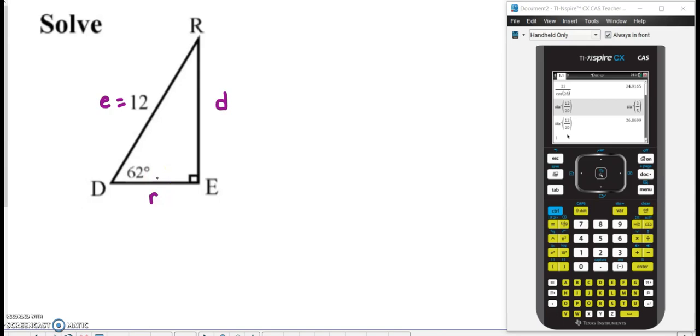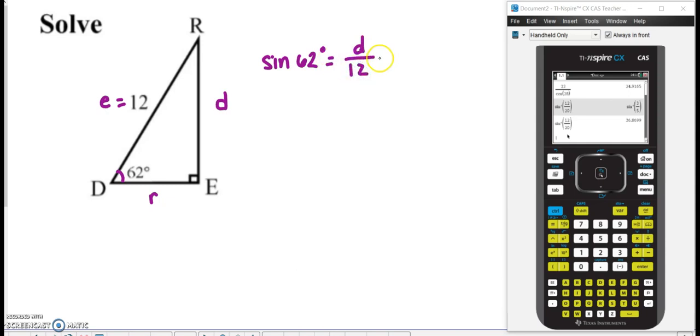How about we solve for side D? So we see we're given the hypotenuse, and here's our angle. So if I have opposite and hypotenuse, I'll use sine. So the sine of 62 degrees is equal to D over 12.